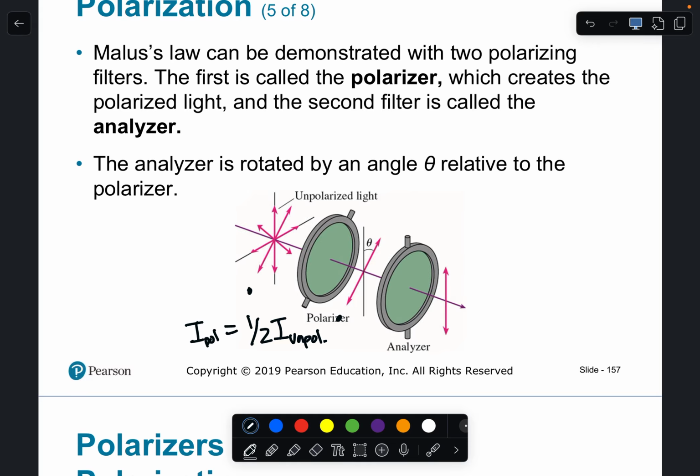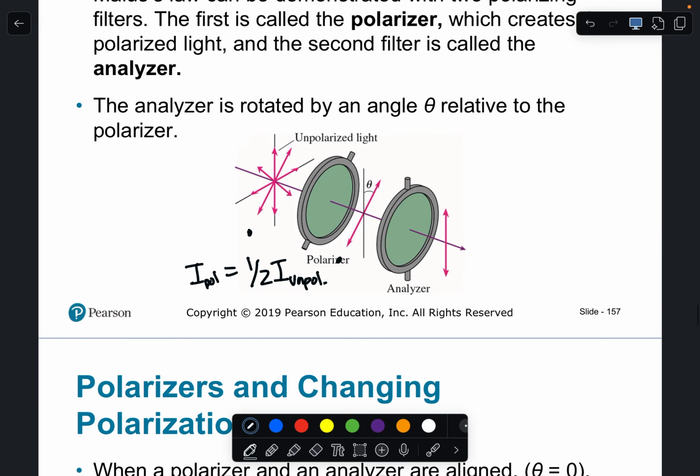But then when you start with polarized light, polarized in some direction off the y-axis, and then you pass it through a second polarizer, that's when you see Malus's law in action. That's when you get the cosine. I at the analyzer will equal I after the polarizer times cosine squared theta.